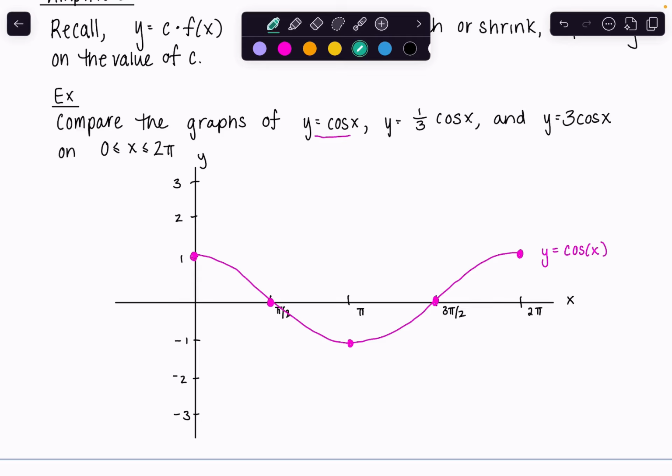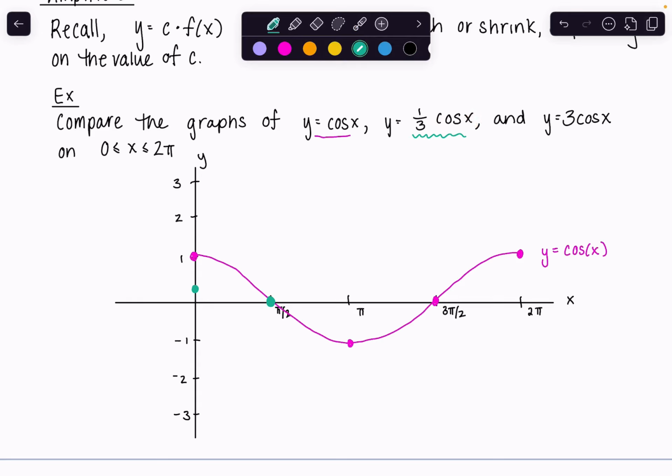Now if I try to do 1/3 cosine of x, when I plug in 0, that would be 1/3 times cosine of 0, which is 1. So your y value is going to get cut to 1/3. When I plug in pi over 2, cosine of pi over 2 is 0. So timesing it by 1/3 does nothing. This point is exactly the same. If I replace this by pi, let's see if I can use a color that you can see a little better. That would be -1.